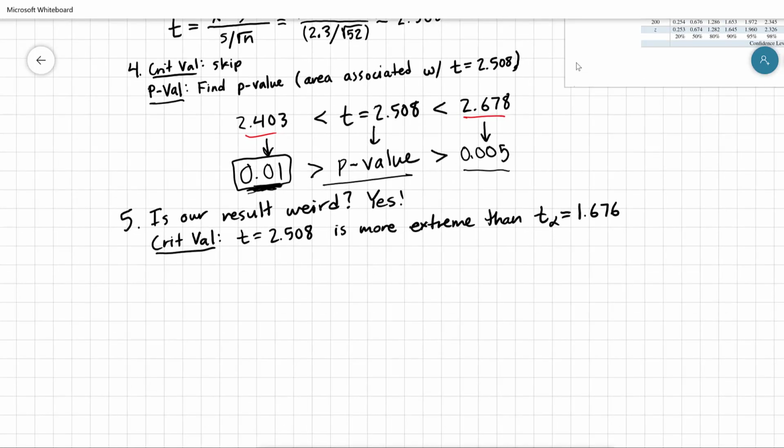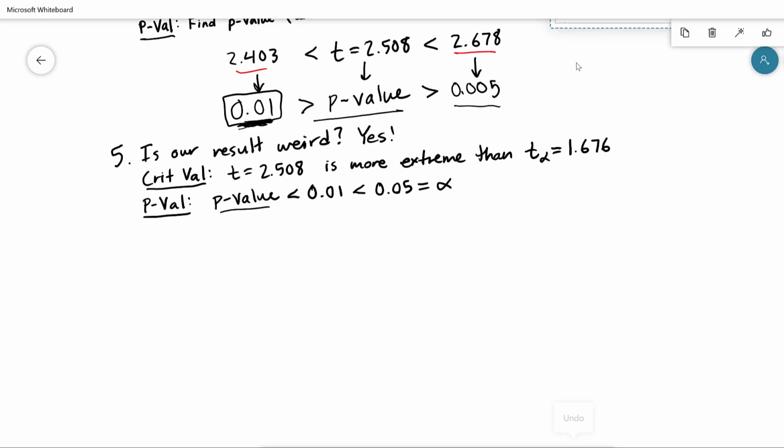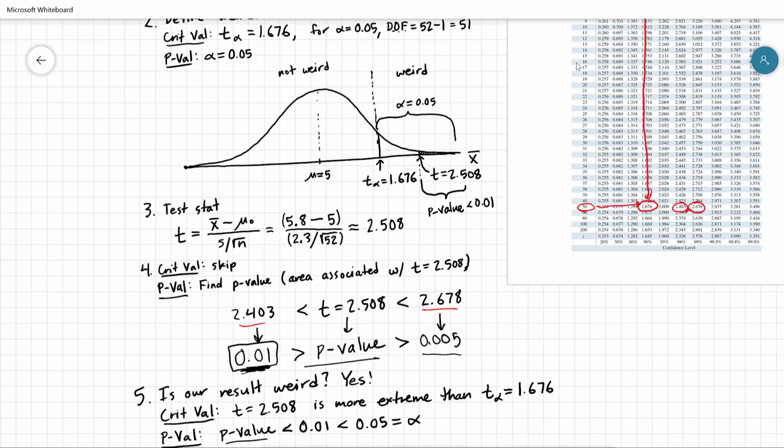Yes, 1.676. For the p-value method, we know our result is weird because the p-value itself is less than 0.01, which is definitely less than 0.05, which is what the value of alpha was. So whenever the p-value is less than alpha, our result is weird, and that's exactly what we see in this case. Our result is indeed weird.